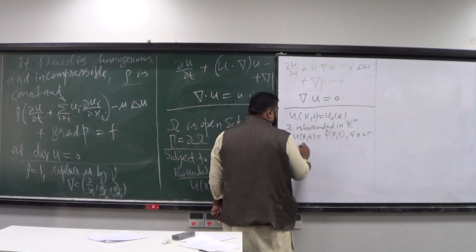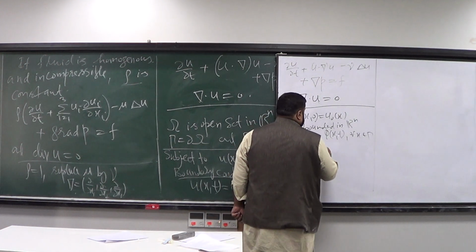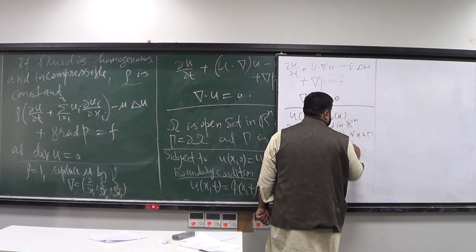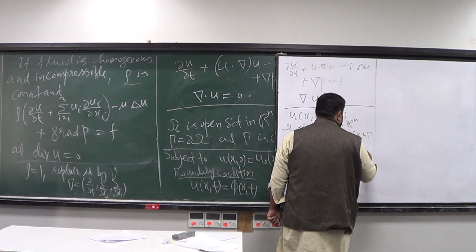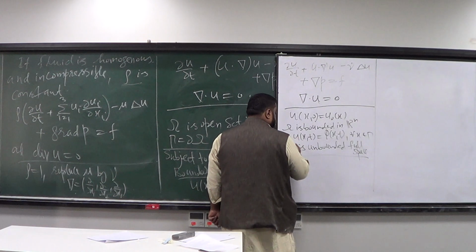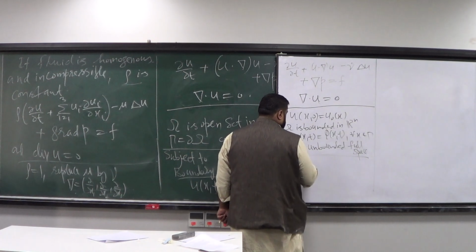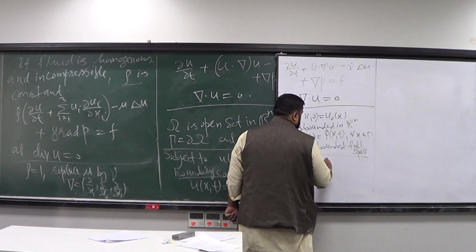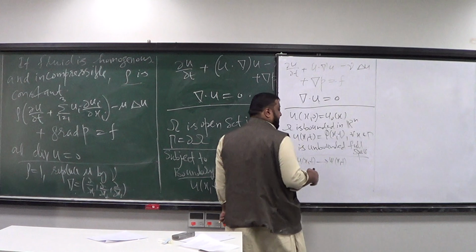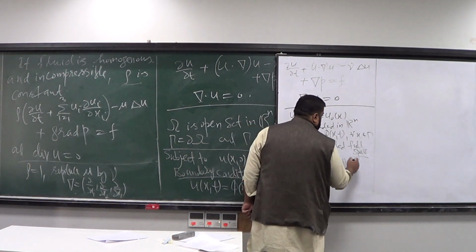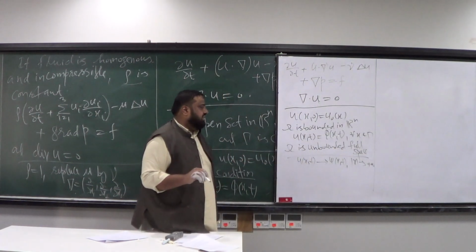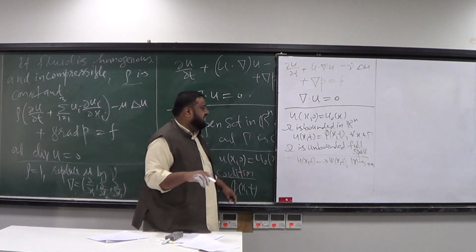And if your omega is unbounded, or full space, then along with this you need an assumption that u(x,t) goes to some function psi(x,t), whose regularity I'm not talking about at the moment, as you go asymptotically along the horizontal axis.